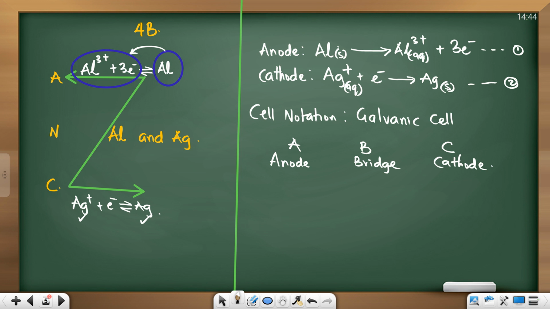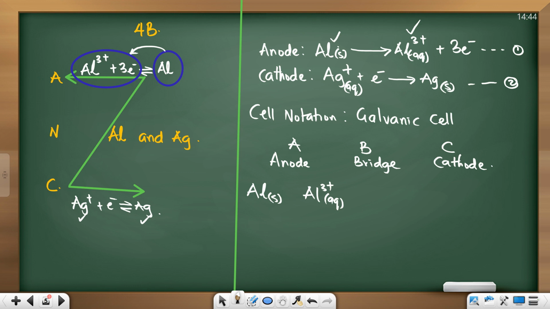Now, what you need to write at the anode is your half cell again. Look at what I'm going to write. What do I have at the anode? It's Al. I'm going to start with Al, solid, then I go to Al3+. That's my anode, and this is aqueous.